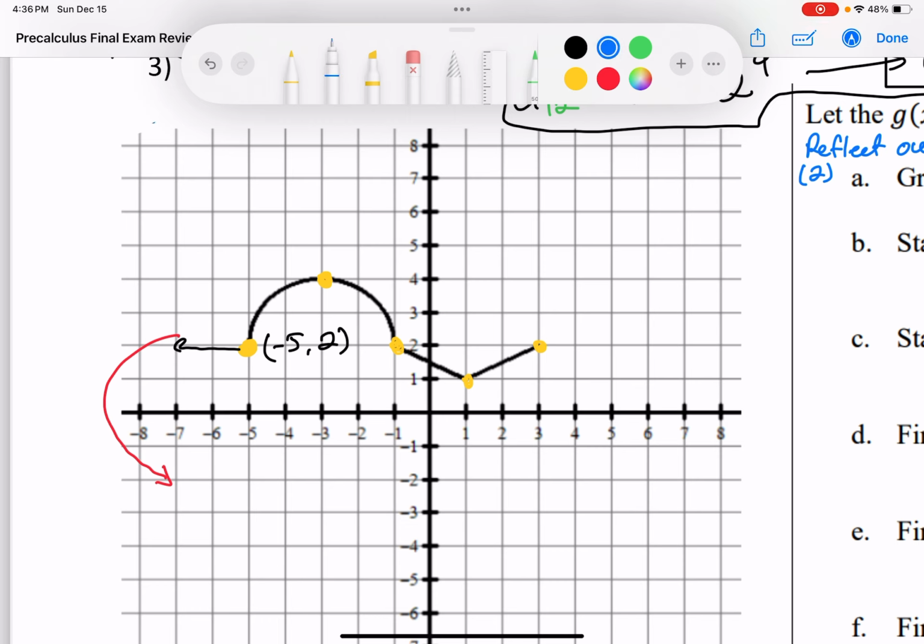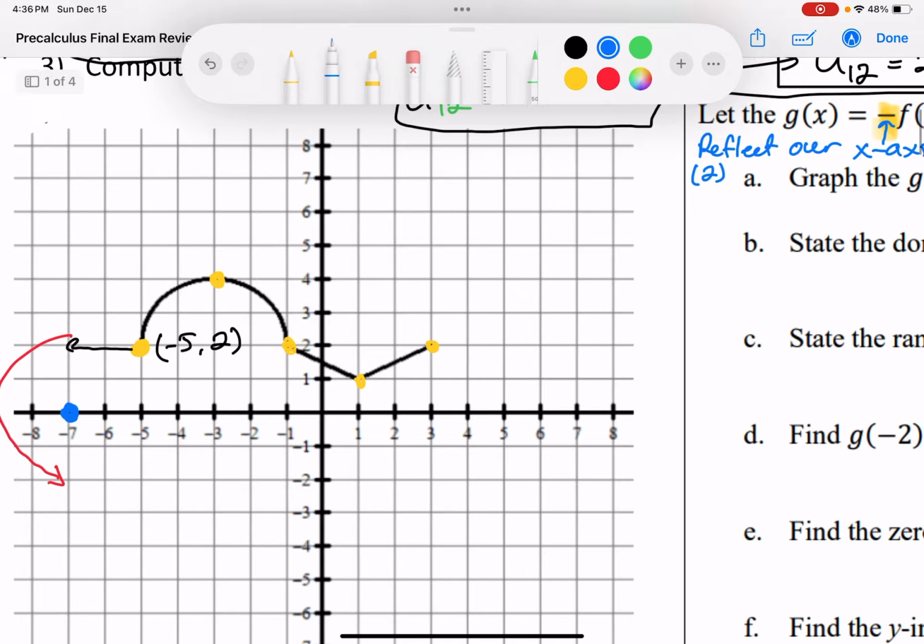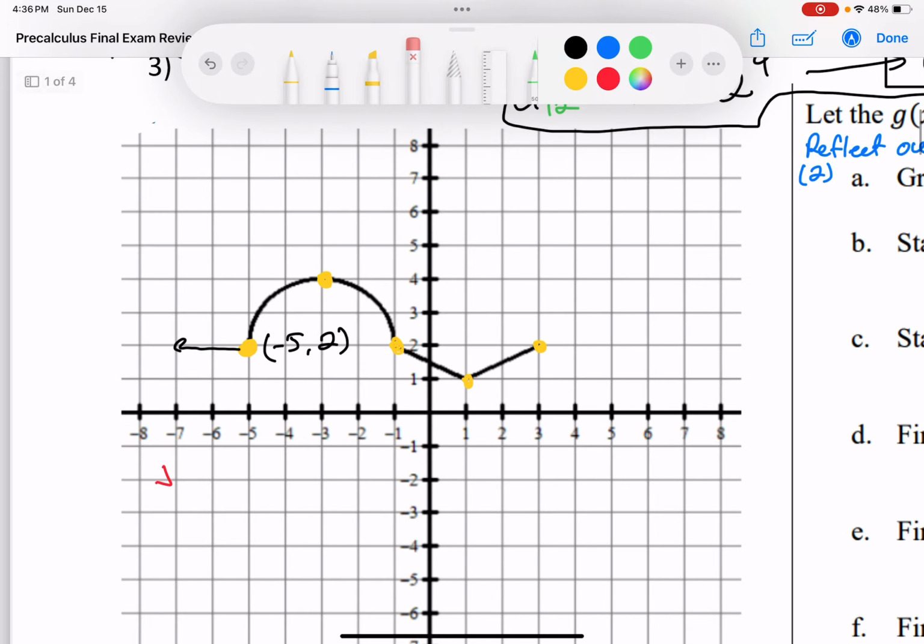And then you're going to move that point 2 units up. And we'll put the final point in blue. So that's going to land right here. Move to the left, reflect over the x-axis. I guess my colors got backwards, so let's do it again. Move to the left, reflect over the x-axis. Then after that, we're going to move that point 2 units up, and that's going to be right here.